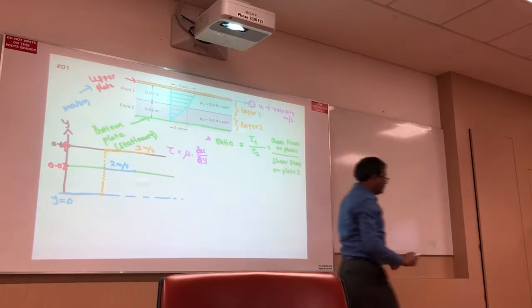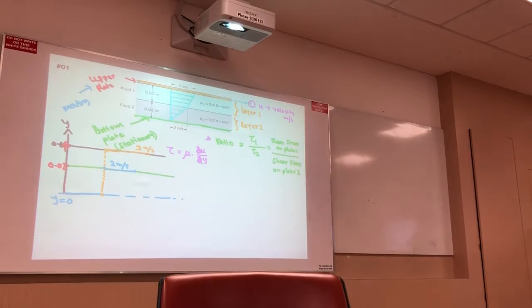So I can draw the velocity profile. So can I draw like this? I just join these two lines. Correct. So at the point, the velocity is this value.